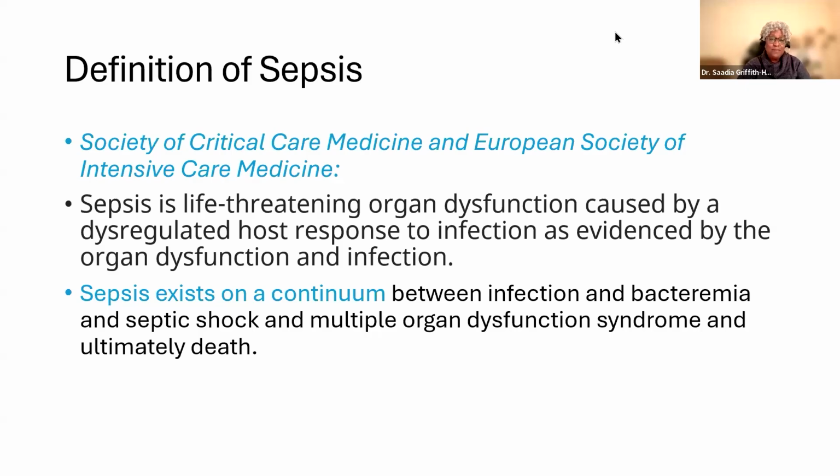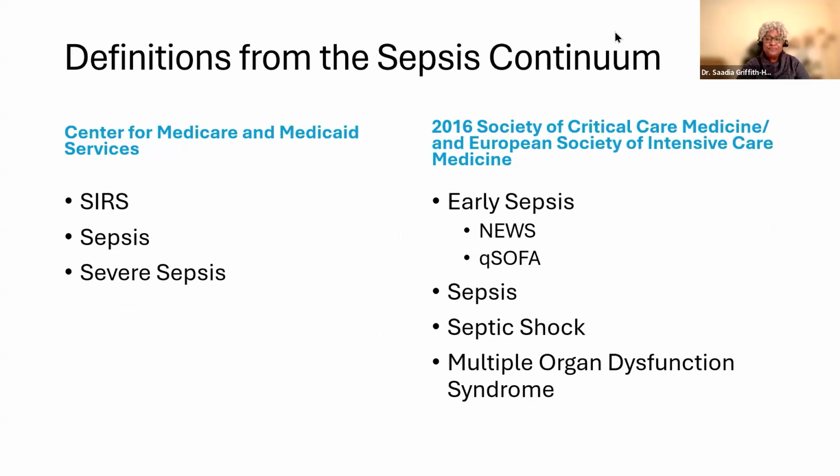So it is a syndrome, and it exists on a continuum, and it is characterized by physiologic, biologic, and biochemical abnormalities, which are basically caused by a dysregulated host response to infection. If it's in a localized area in your body, it's not a problem, and actually can be helpful in containing an infection. But when it spreads and becomes a bigger issue, that's when we have our issues with sepsis.